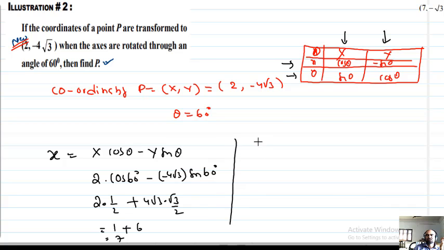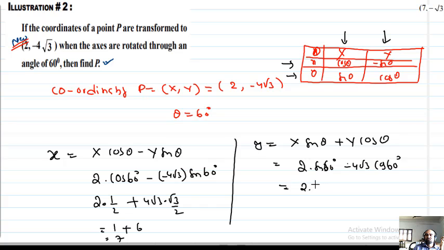Next, small y you want. Small y equals capital X sin theta plus capital Y cos theta. Capital X here is 2, theta is 60 degrees, sin 60 degrees, minus 4√3 because Y is minus, into cos 60 degrees.